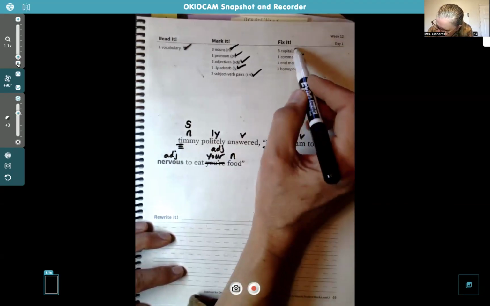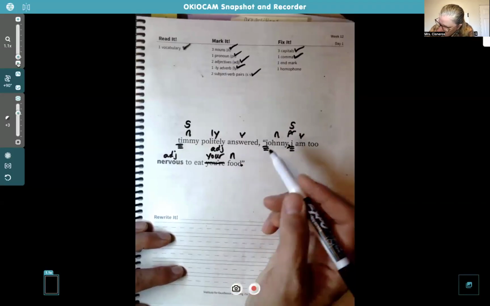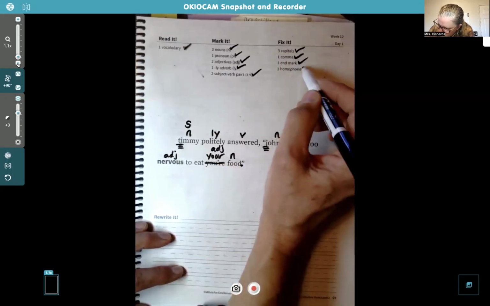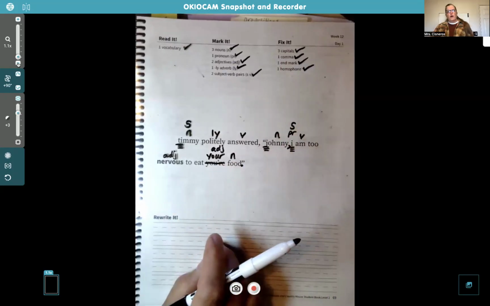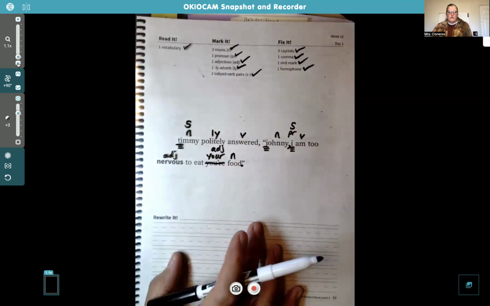So we need to capitalize that one. End mark is a period, as usual. And the homophone we actually already fixed because it was the wrong your in that sentence. So there you go. That's the answers for this page 69.